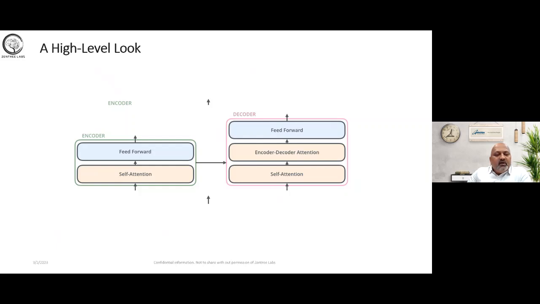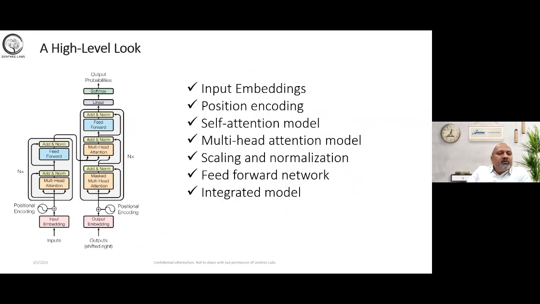On the decoder side you also need a self attention, which is taken from the previously generated word. This is a high level look through this diagram, which is copied from the attention paper, "Attention Is All You Need", I don't remember the title exactly. This is a popular paper which explains the self attention mechanism.